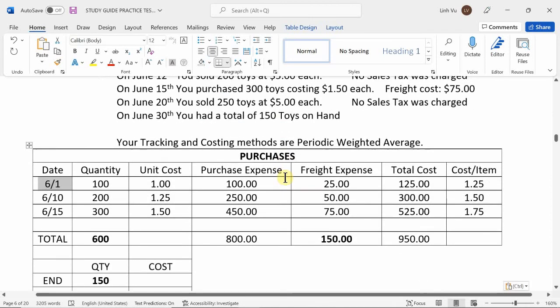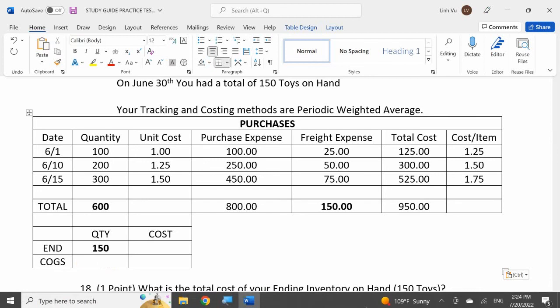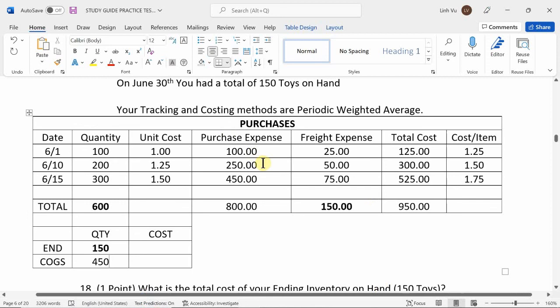What do I need to do? The cost of an item is going to stay the same on the 100 units, but when you get to the 200, it's going to change because it's the average of all 300 units that you've got.